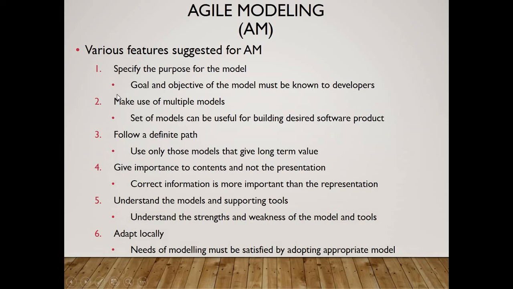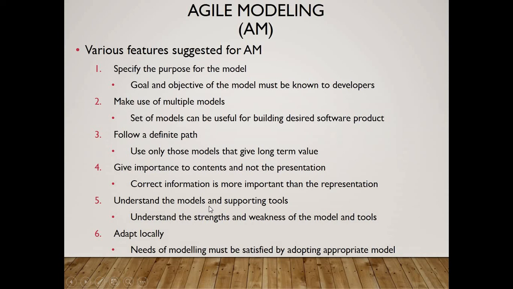Our third point is to follow a definite path. Use only those models that give long-term value. Fourth is to give importance to content and not the presentation. Our content must be clear. Correct information is more important than the presentation.